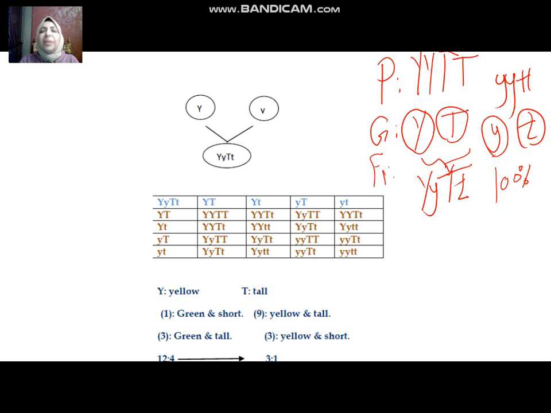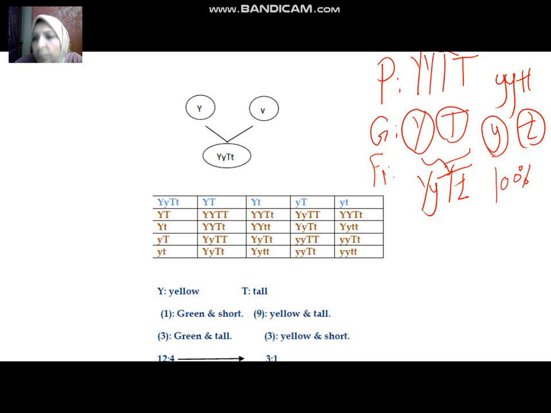Now we want to find the result of the second generation. How can you find the gametes of this generation? We will make a table containing 16 cells, so we will have 4 horizontal rows and 4 vertical columns. How can we find the gametes by this method?